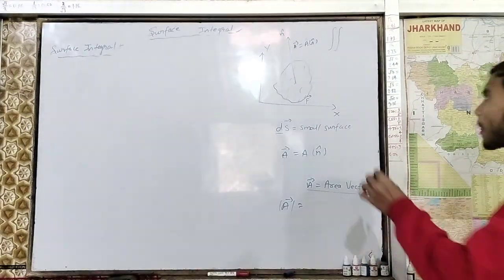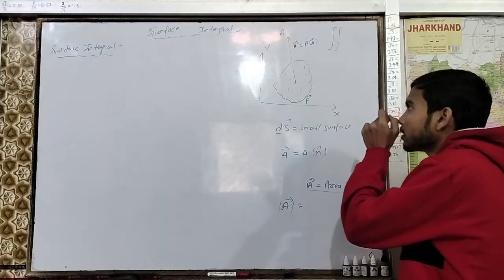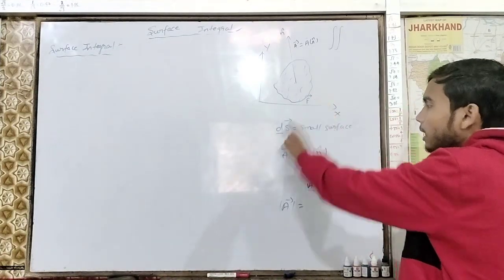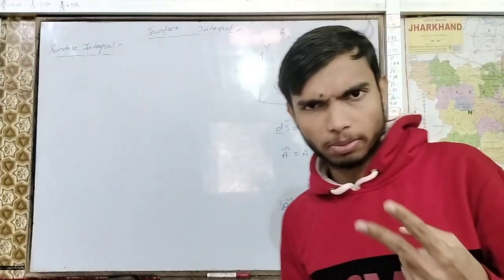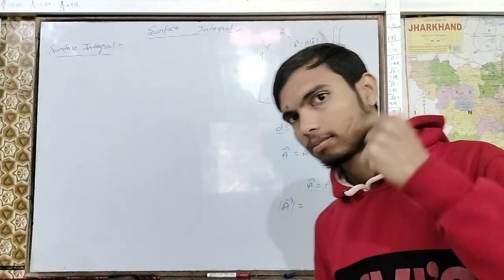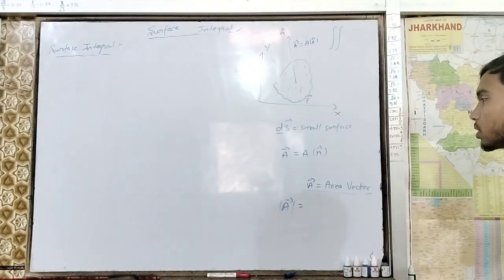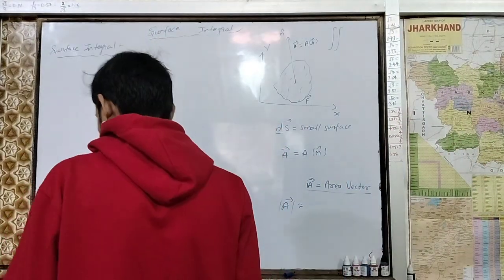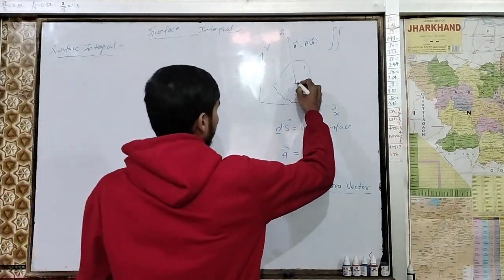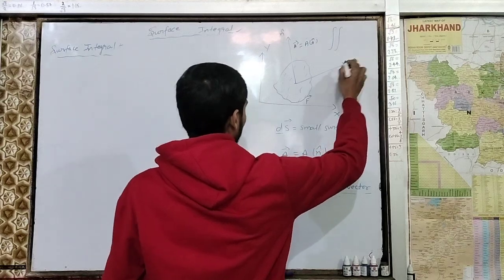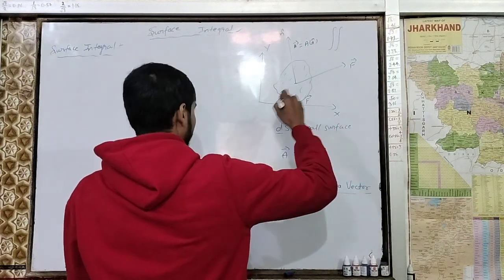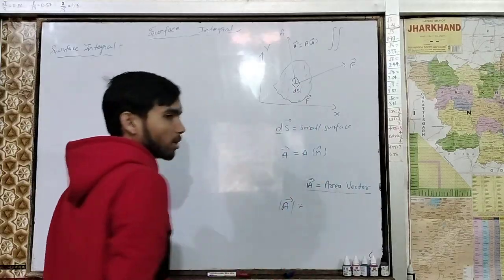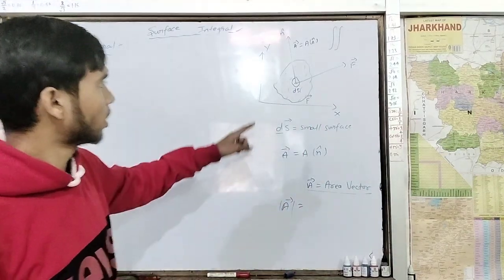Continuous means the distance between two points is the same. This is what continuous means. So this will be our F, which stands for the vector field, and we are taking this small dS, a small surface.